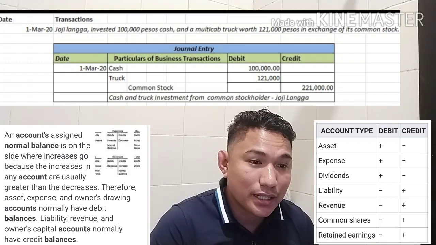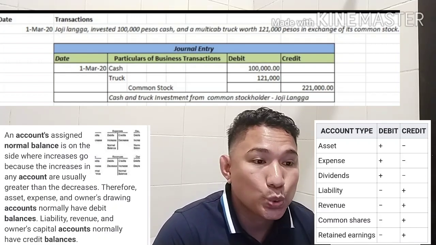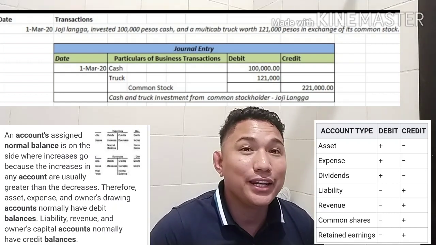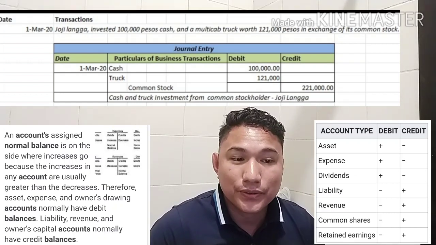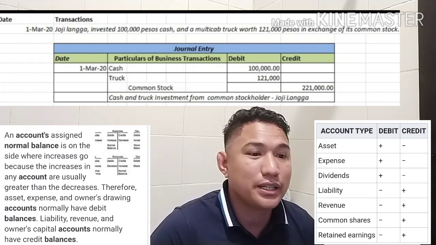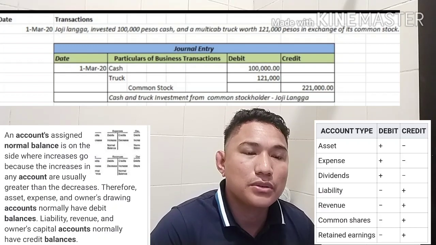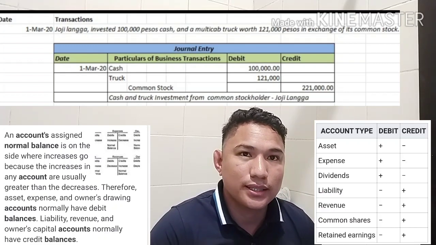The capital of the company increased by 221,000. And also, of course, don't forget to put a brief explanation of the entry: cash and truck investment from a common stockholder, Joji Langa.